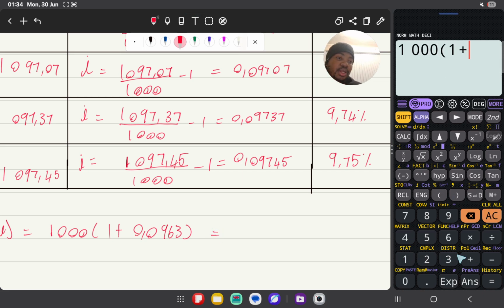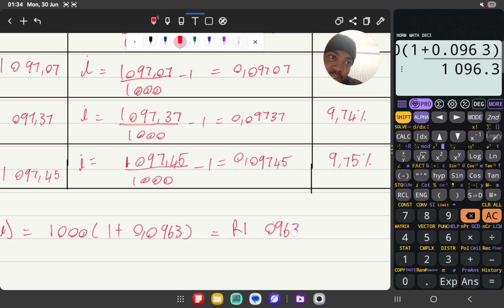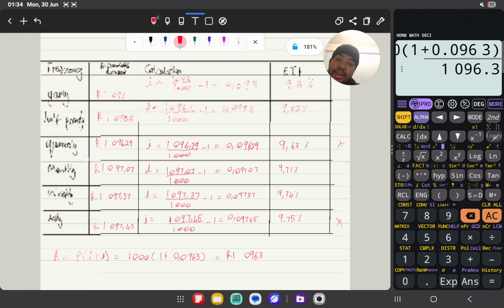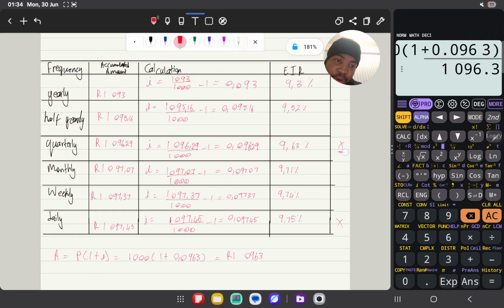And when we calculate the value, it's 1000 times 1 plus 0.0963. We're getting exactly 1096.3. Remember, this was the interest we used, and then when we put that in a calculator, let's compare this value and this value.